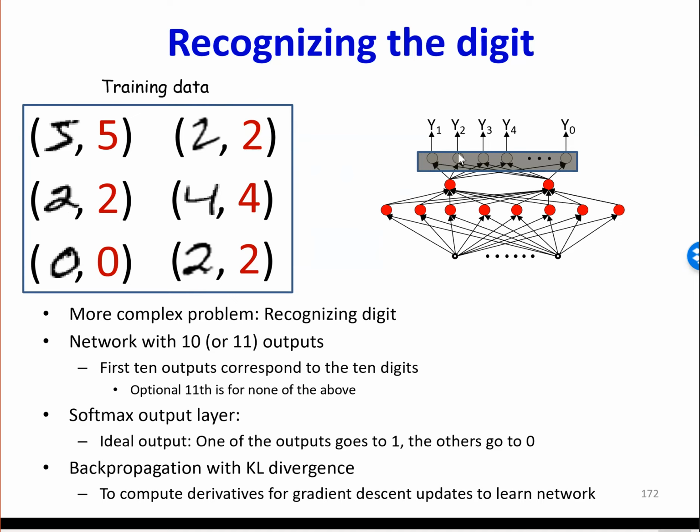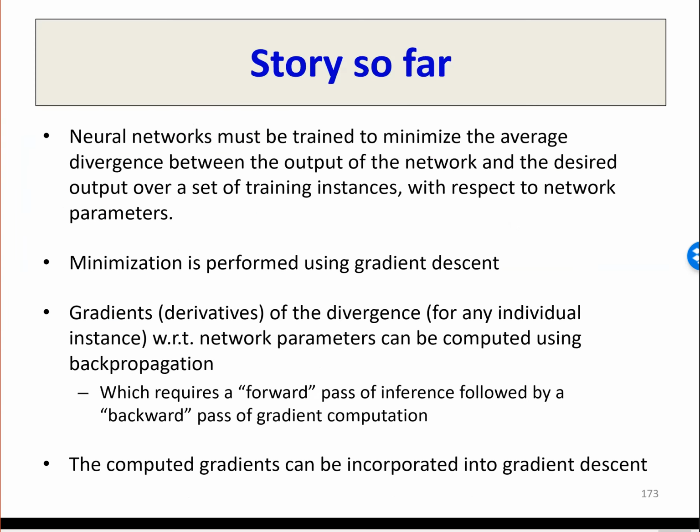So the output layer could have either 10 outputs, one corresponding to each class, or even 11 outputs, where the 11th output is none of the above. And so the output layer of the network would be a softmax layer. The divergence you compute for each training instance is the Kullback-Leibler divergence. And then you'd use the backpropagation algorithm to compute the derivatives with respect to all parameters of the network.